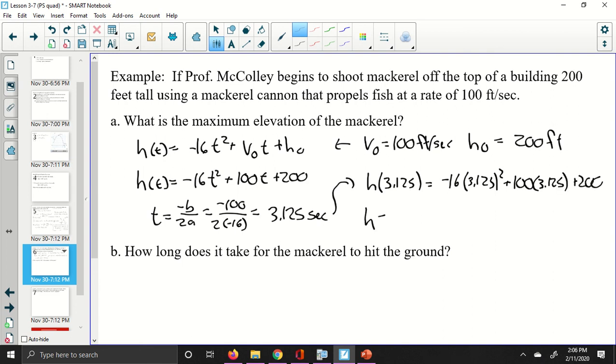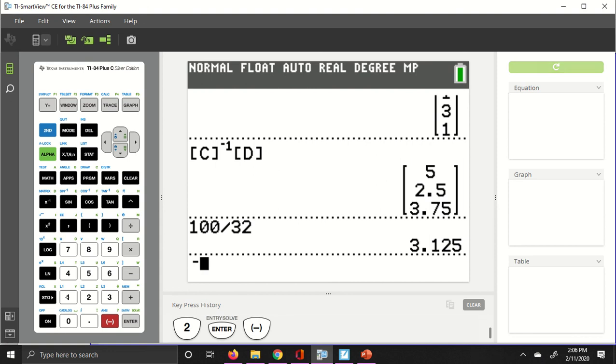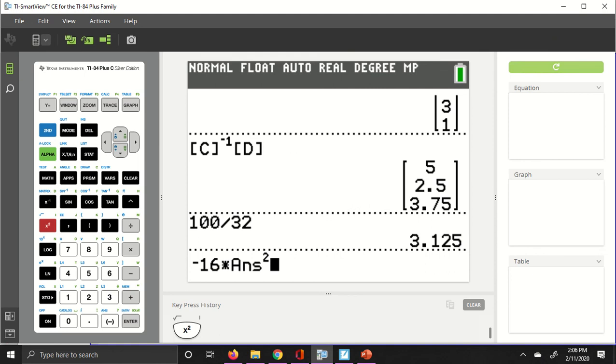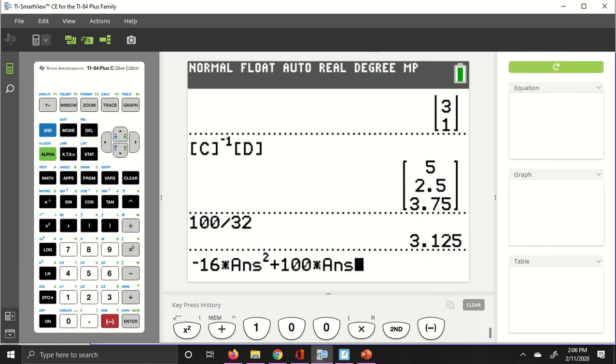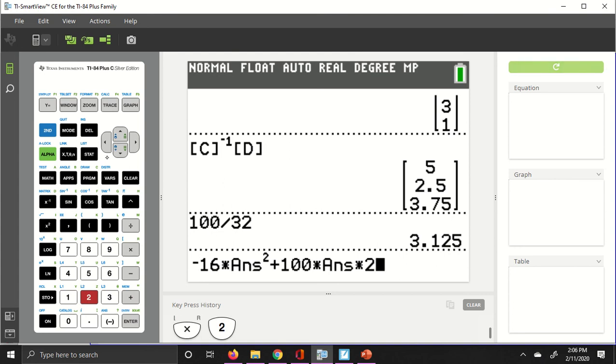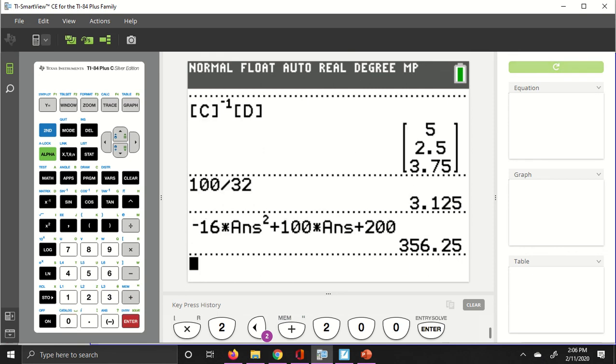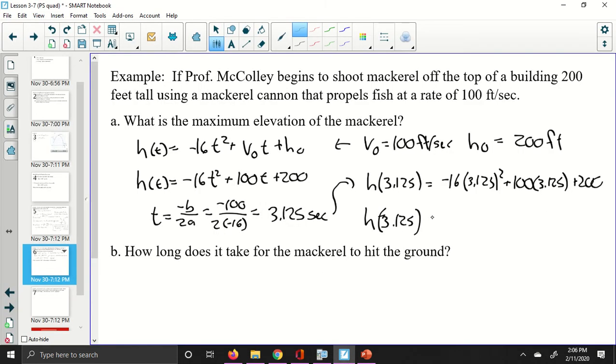So we'll make that calculation. h of 3.125 is going to be negative 16 times second answer squared plus 100 times second answer, it should be plus here. Let's get it right. Plus 200. And that all looks correct. So 356.25 feet.